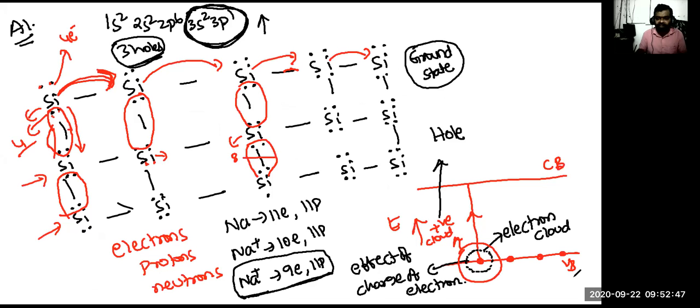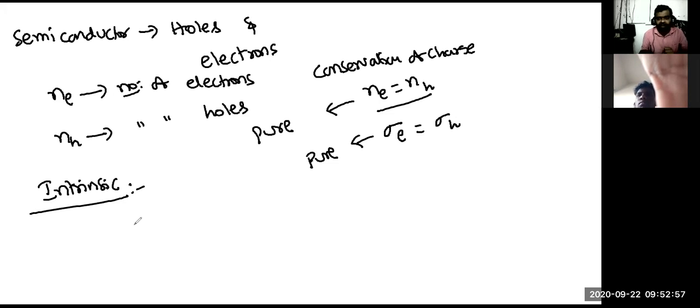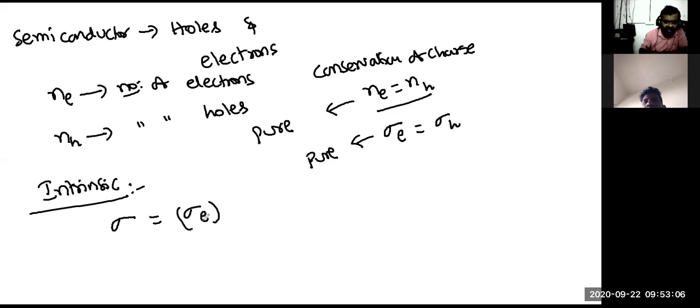Okay, that is which is available from the earth crust. So for intrinsic semiconductor, I can write conductivity of intrinsic semiconductor as the conductivity of the electrons times the conductivity of the holes.